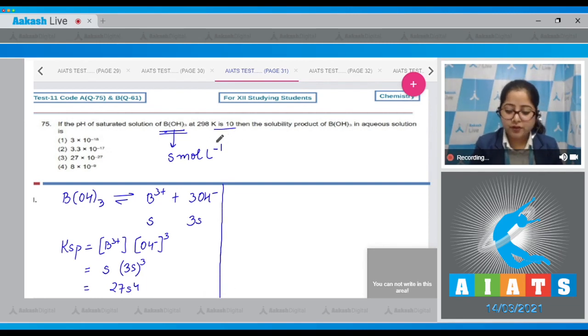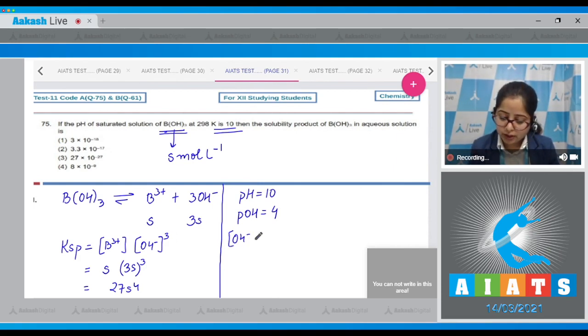Now students, we are given that the pH is 10. So if the pH is 10, the value of pOH will be 4, that is 14 minus 10. That means the concentration of OH ion will be 10 raised to the power minus 4. And the concentration of OH ion in the solution is 3S. So if 3S is 10 raised to the power minus 4, S will be 1 upon 3 into 10 raised to the power minus 4.